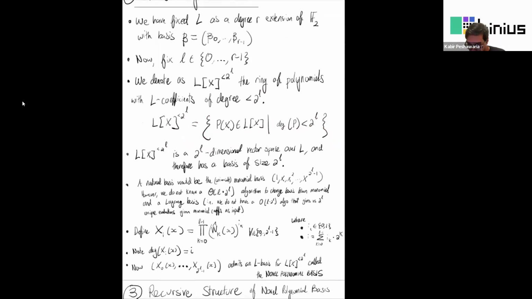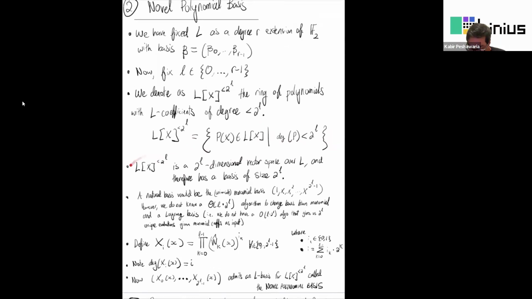Now, this polynomial ring, which maybe that terminology is confusing, this set of polynomials with L coefficients of degree strictly less than 2 to the little l, is in fact a 2 to the little l dimensional vector space over L. Let's not get confused because there are two vector spaces at play here. There's the first vector space, where L, the field, is a vector space over its subfield F2.